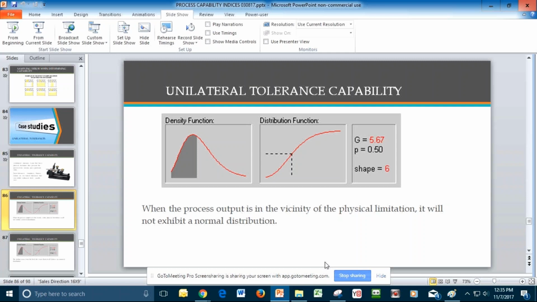Because really, when you see a true position value with an MMC modifier, it is screaming out at you to use a hard gauge. You know, so as long as your part fits that gauge, you're good. Everything's built into that. So I use an attribute, which is tough, especially in automotive, which means every part has to fit it for your capability study, but that's what I would do for that.